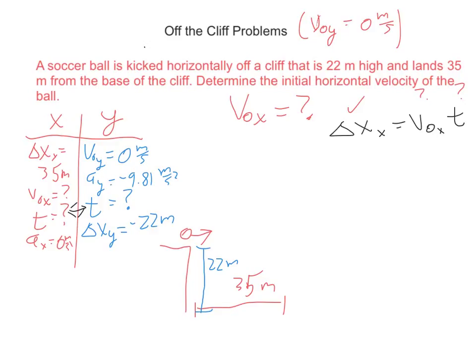Based on what I know, the initial velocity, the acceleration, time, and the displacement in the y direction, it looks like this equation will be the one to choose. And then I can go about solving for the time in this case.